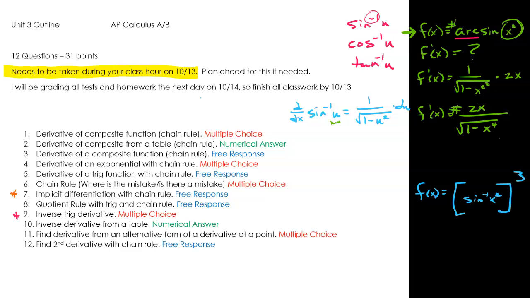So then this would be like u. So then your derivative would be 3 times arcsine of x squared times the derivative we just found.